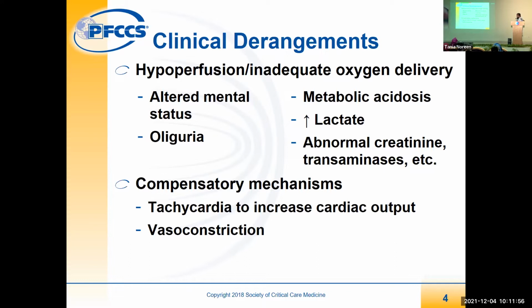And vasoconstriction: the body shifts the circulation to the vital organs. That is why in shock states, we see that the peripheries are cold. So these are the physiological compensations. Okay, next.